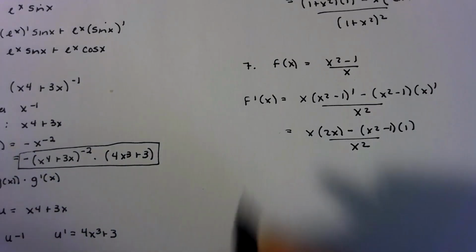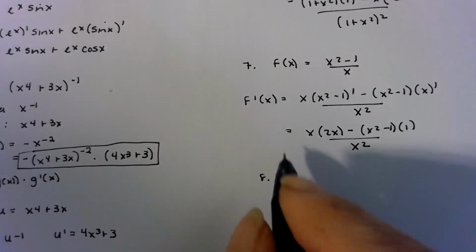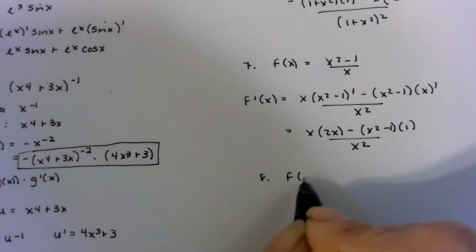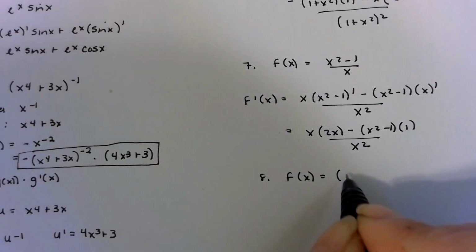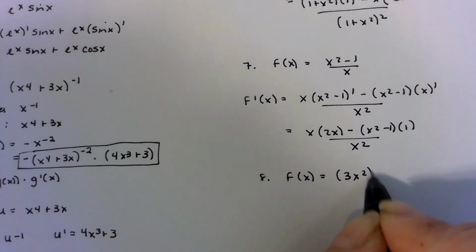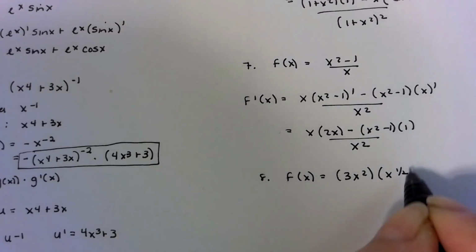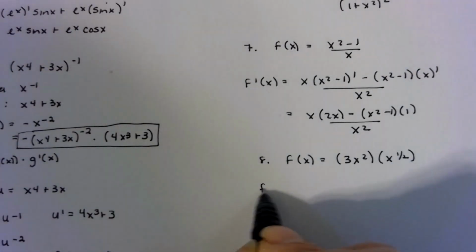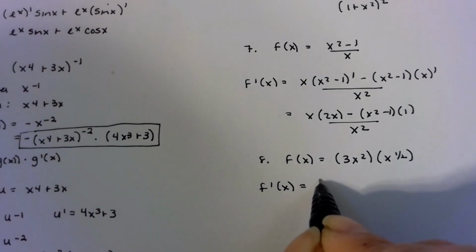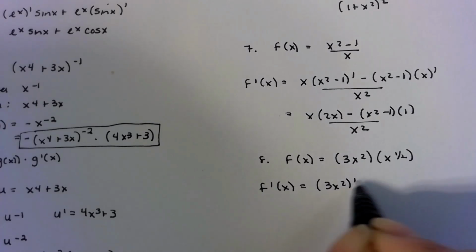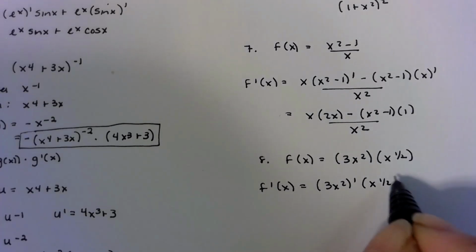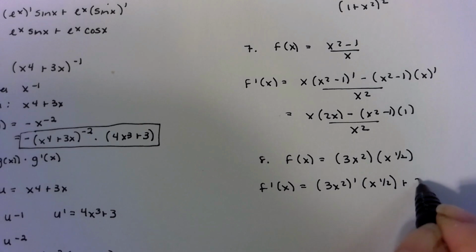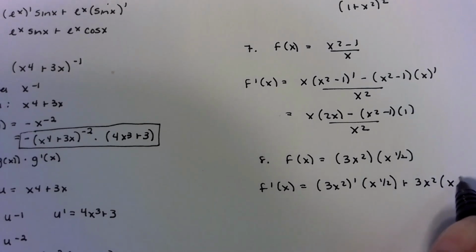Number 8, our function is 3x squared times x to the 1/2. I see a product. I'm going to write out the product rule. F prime of x is equal to (3x squared) prime times x to the 1/2 plus 3x squared times (x to the 1/2) prime.